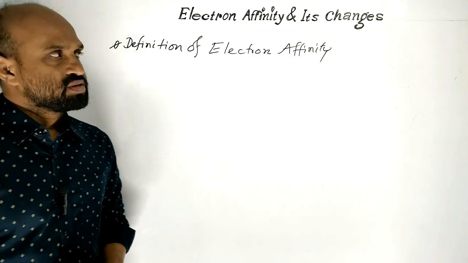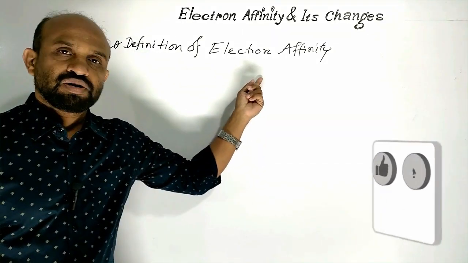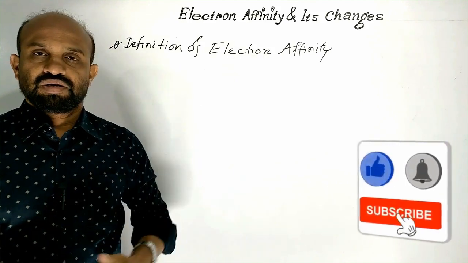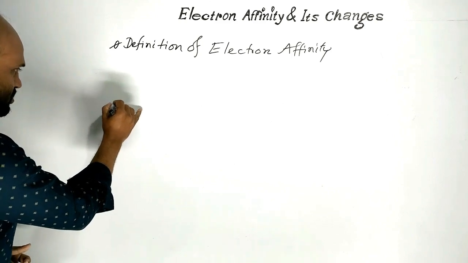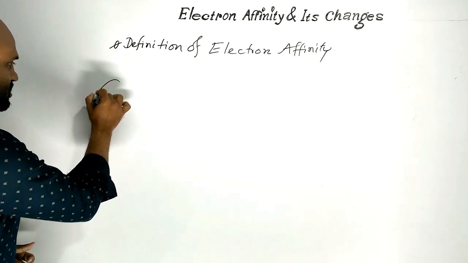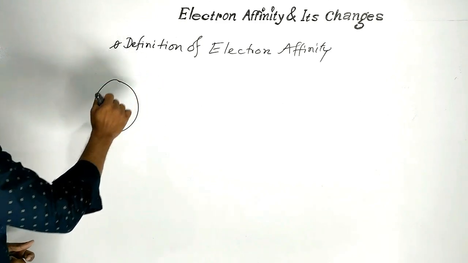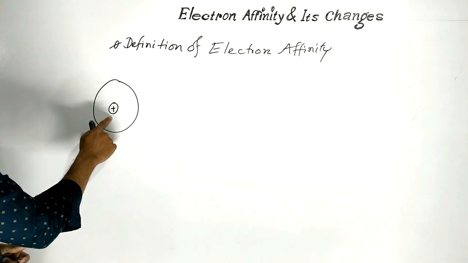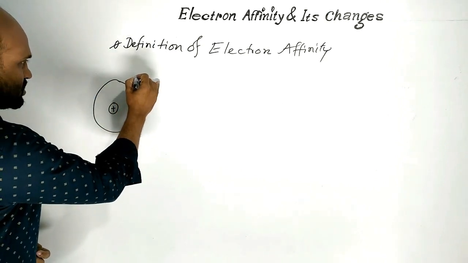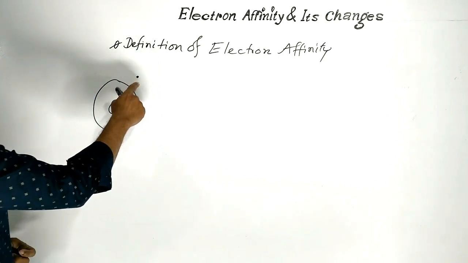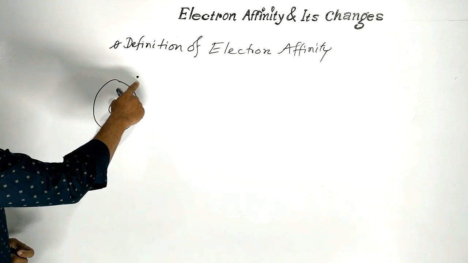The first point is the definition of electron affinity. Let's see the matter. Suppose this is an atom, this is its nucleus, and this is its outermost shell. Let us consider here there is an electron.